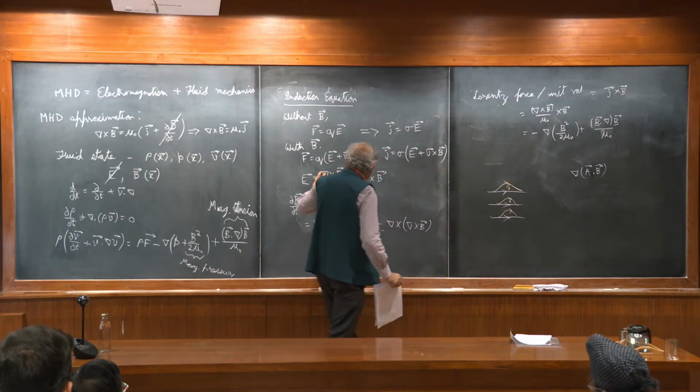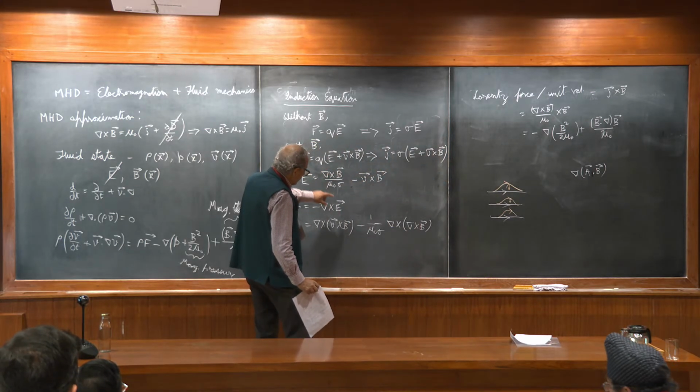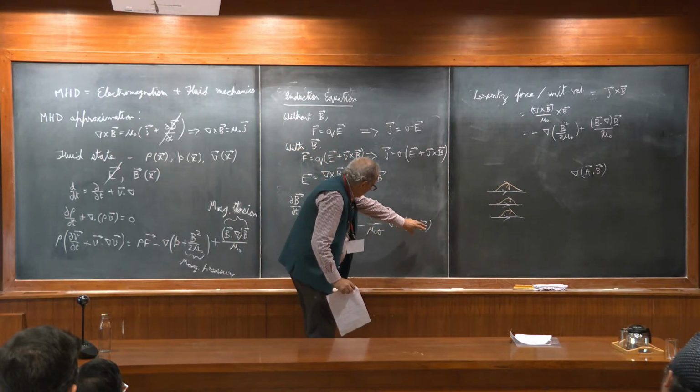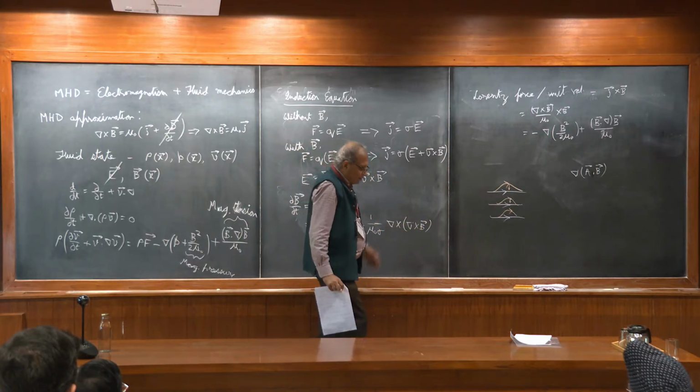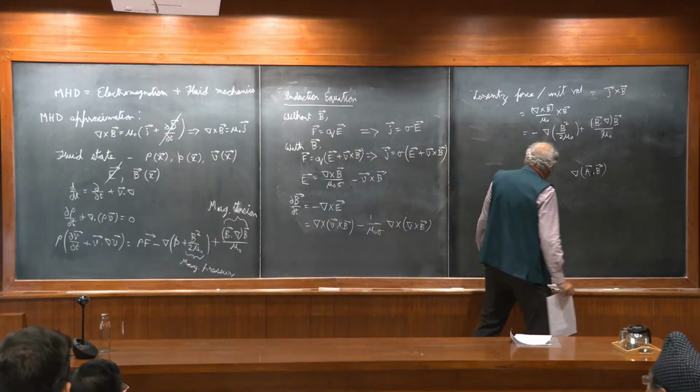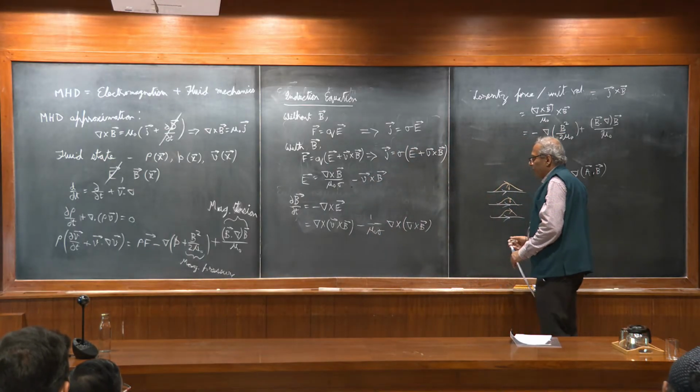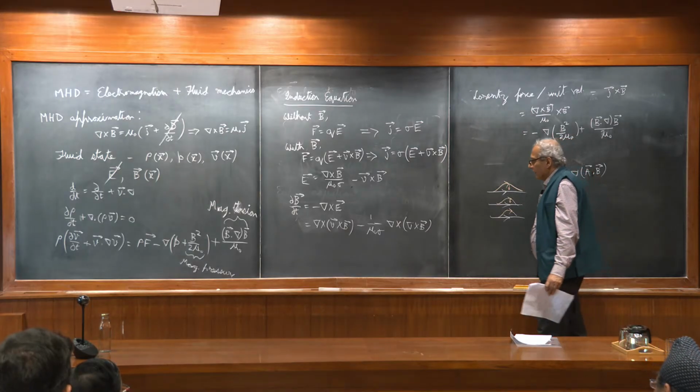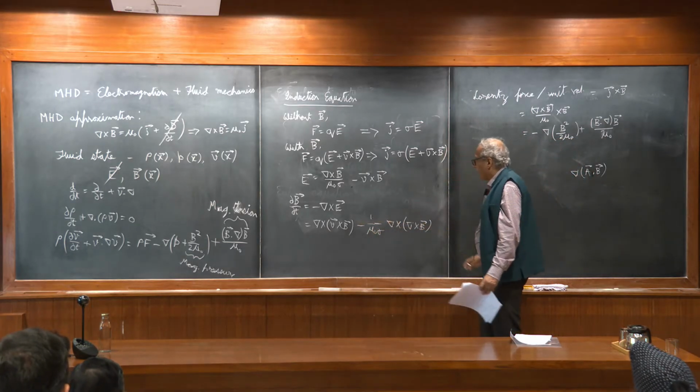If it is not constant in space, then when we are taking the curl, sigma will appear inside rather than here. That creates some additional complications which we have to consider in some situations, but let us not bother about that.